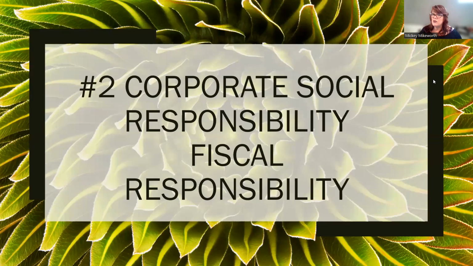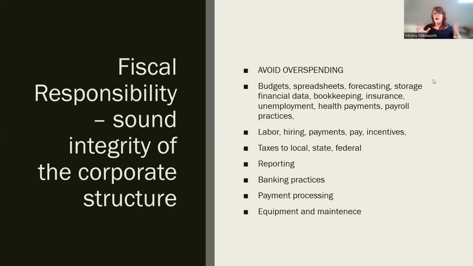Number 2 is fiscal responsibility. When we look at fiscal responsibility, I would screenshot this, is really focusing in on what is fiscal responsibility, and that is the sound integrity of the corporate structure.